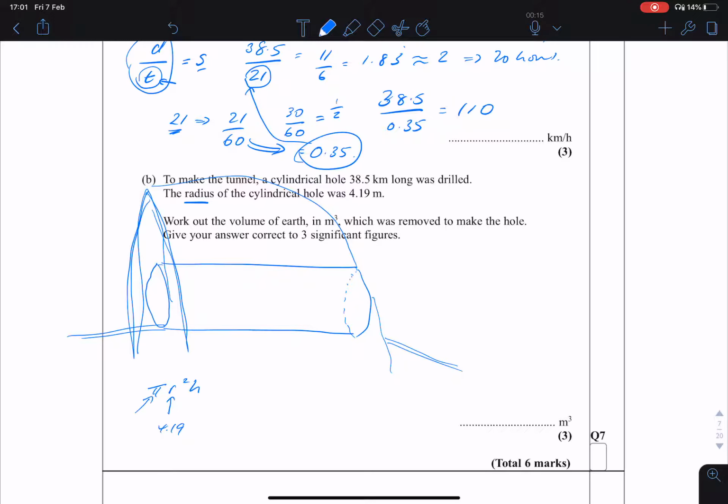Pi is the pi on your button. H, in this one, is the length of this thing. Now, you might be tempted to put 38.5, but that's 38.5 kilometers, and here it is meters. I'll get rid of that picture. It's a rubbish picture.